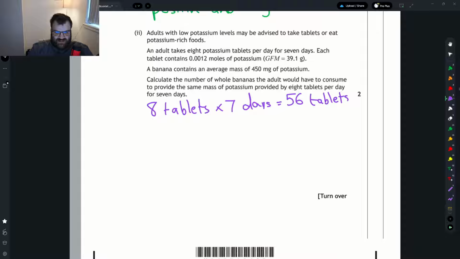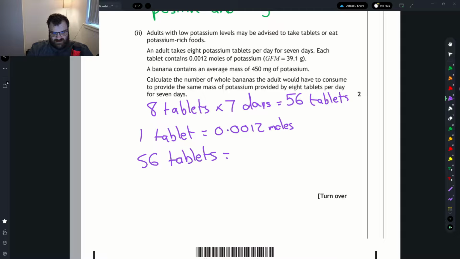Okay, and they're saying each tablet, so 1 tablet equals 0.0012 moles. So 56 tablets will be 56 times that. That gives 0.0672 moles. Now let's actually read the question.